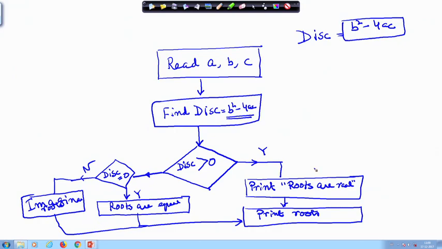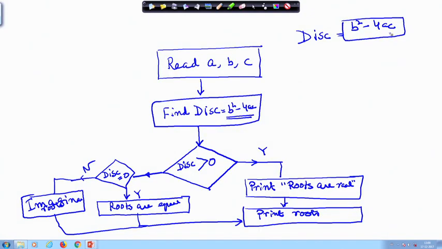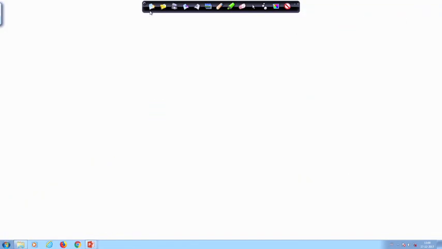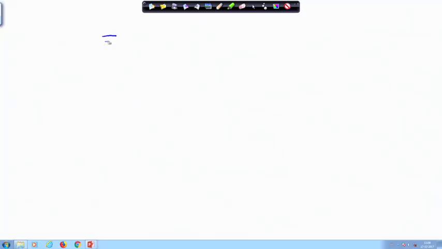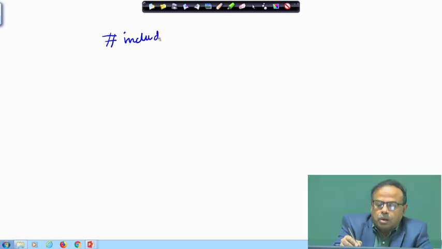Now, here obviously I should have said that the discriminant is actually this part b square minus 4ac, and then I take the square root of that. Okay. So, now if we start writing the program, if I am a nice programmer, I will always start with, so first of course, hash include stdio.h.